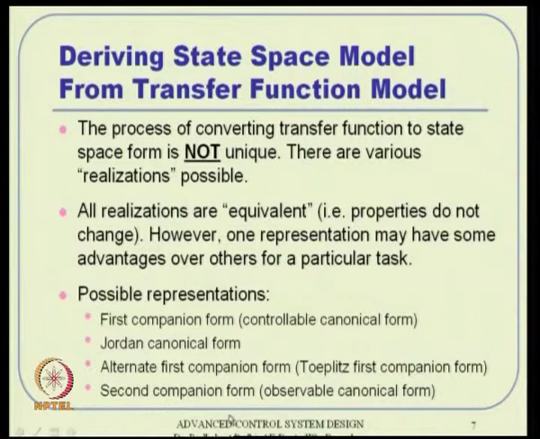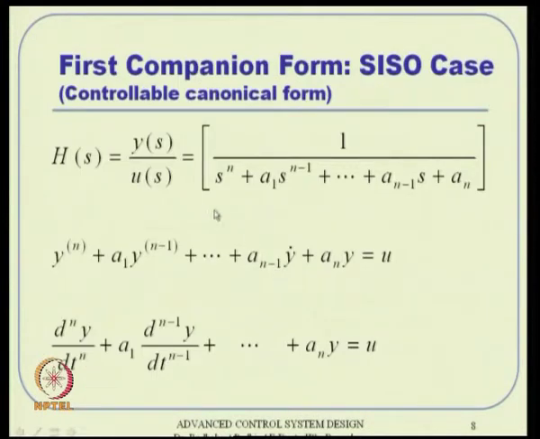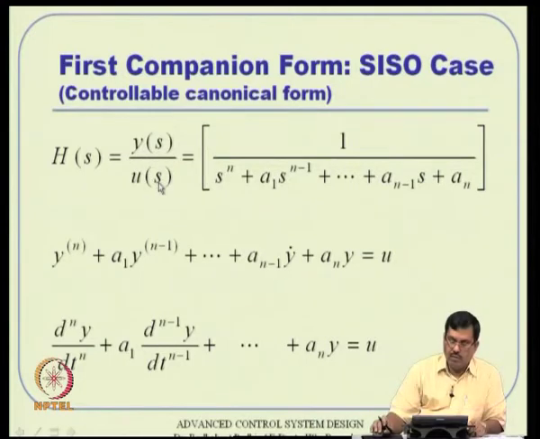We will also see the second companion form, otherwise known as observable canonical form. For example, if you want to design a controller, then controllable canonical form is a better option, whereas if you want to design an observer or a filter, then observable canonical form turns out to be a better choice.